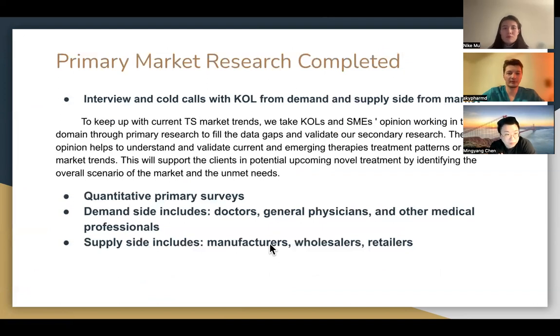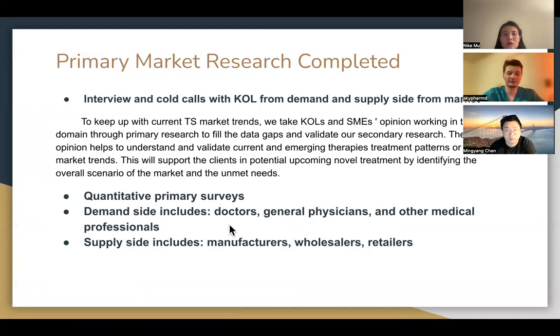For the primary market research, to keep up with the current TS market trends, we take KOL and SME opinions from those working in the TS domain through primary research to fill the data gaps and validate our secondary research. Their opinions help us understand and validate current and emerging therapies and treatment patterns for TS market trends.